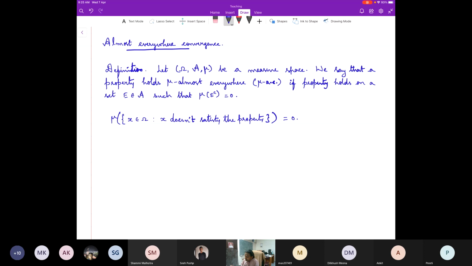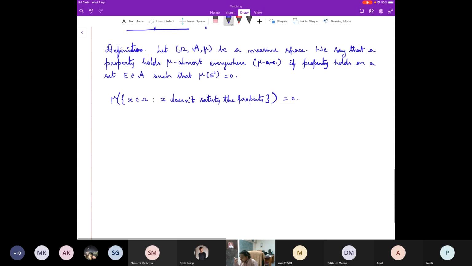That means this property holds on a set whose complement has measure 0. Right. Fine.